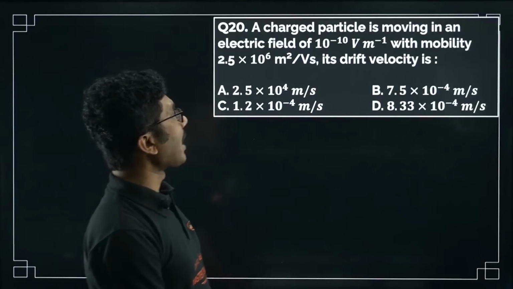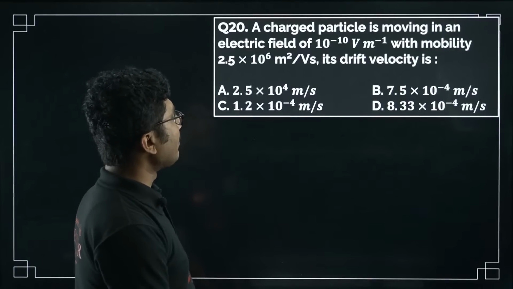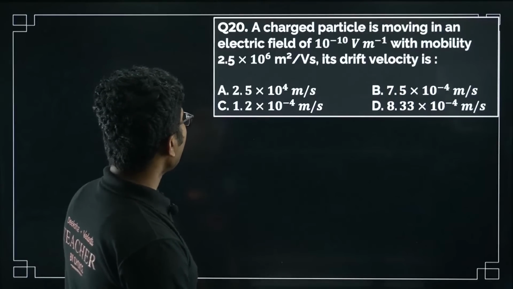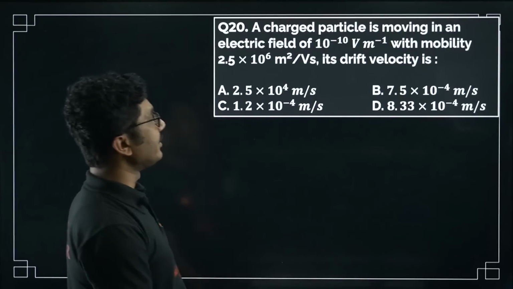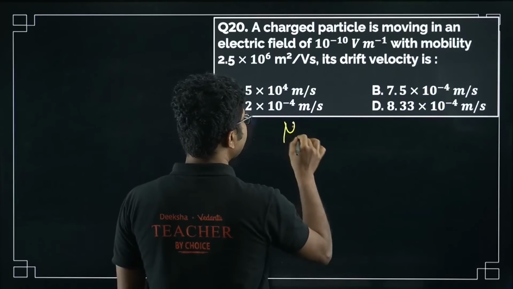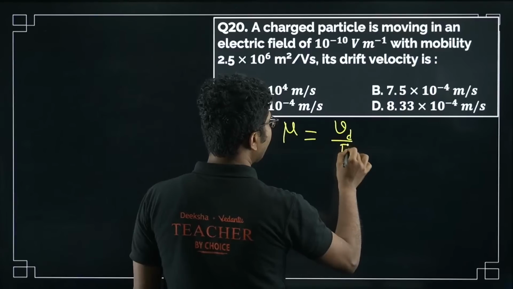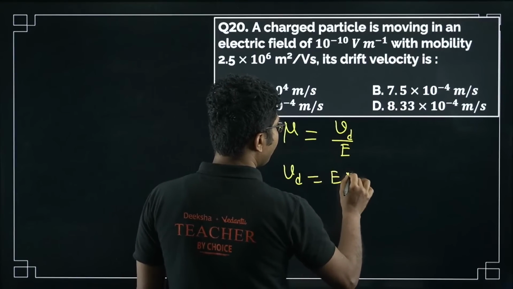A charged particle is moving in an electric field of 10 to the power of minus 10 volt per meter with mobility of 2.5 into 10 to the power of 6 meter square per volt second. Its drift velocity is. So what is the definition of mobility? Definition of mobility is drift velocity per unit electric field. So drift velocity is E into mu.